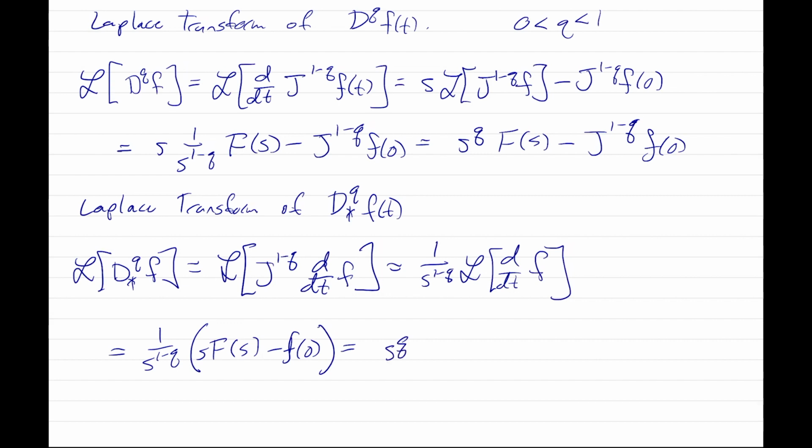Well, I get s^q F(s), just like what we got up here, minus f(0) divided by s^(1-q). Now I don't know about you, but that's a lot nicer than what we saw here. Sure, we still have this lingering s^(1-q) there, and that's not maybe the prettiest thing in the world, but at the very least, I can tell you what f(0) is.